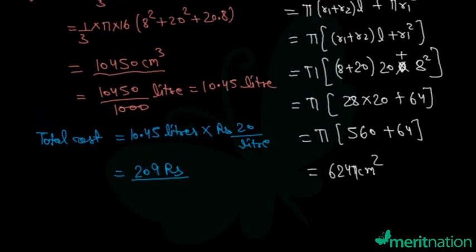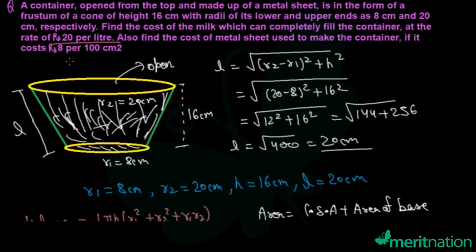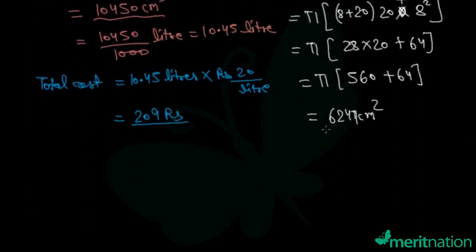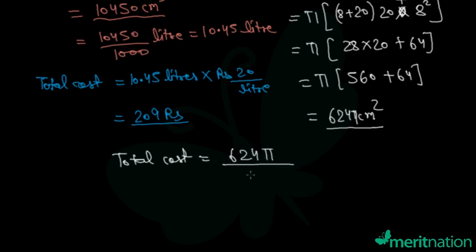Now let's talk about the cost. The cost is given to us as rupees 8 per 100 centimeters square. So now the area which we got, that's 624 pi centimeters square. So the total cost of sheet would be equal to 624 pi divided by 100, since the rate is per 100 centimeters square, into 8 rupees.